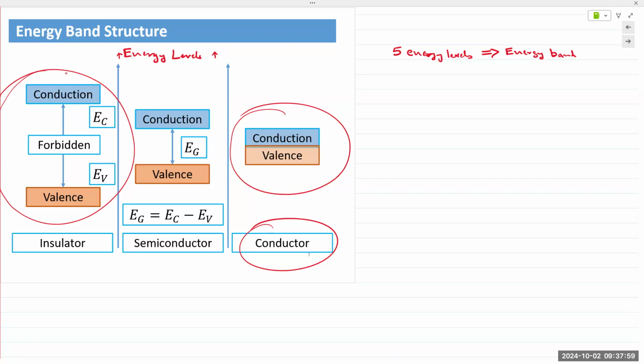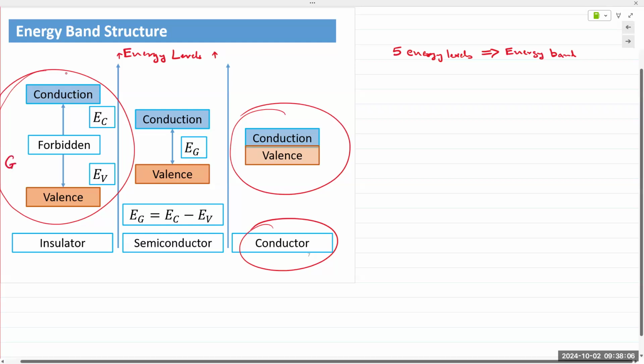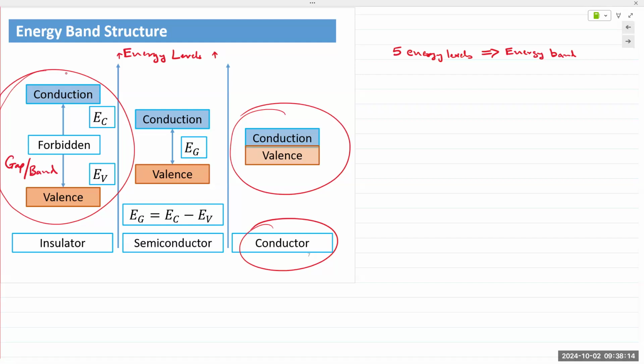Okay. So the gap between the two is referred to as the forbidden gap or a forbidden band. Again, these energy levels form a band, and so we refer to them as valence band, conduction band, and the forbidden band.